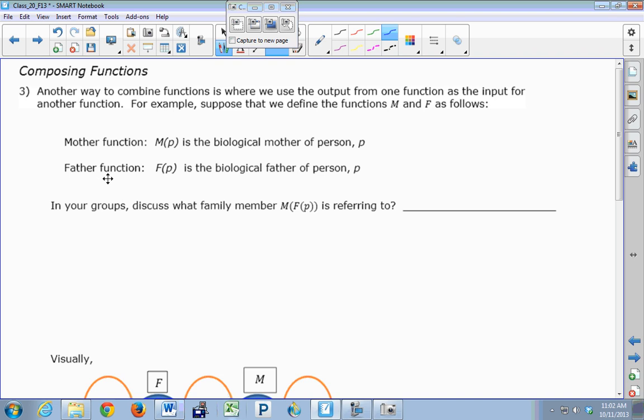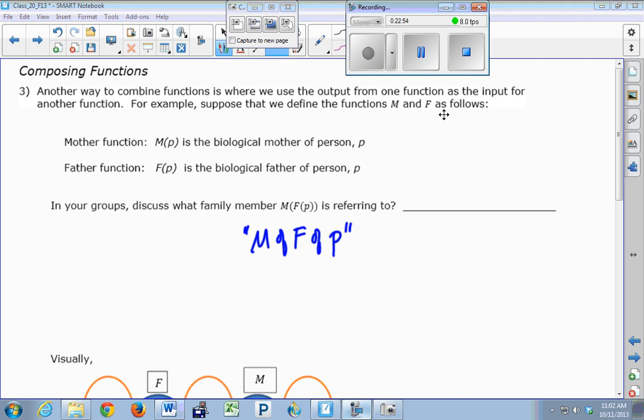So in your groups, and this might take a few minutes, I want you to discuss what family member is represented by this right here, M of F of P. What family member are we referring to? See if you can figure that out, and when you do, put up your flag.